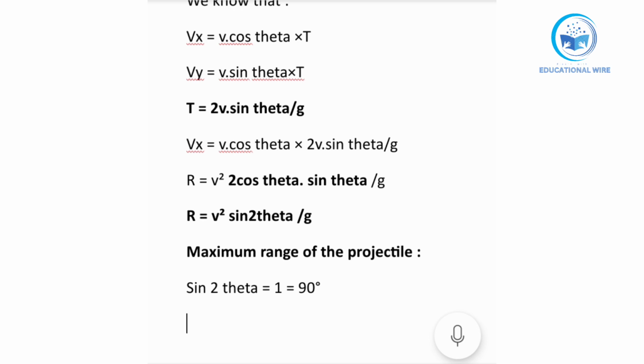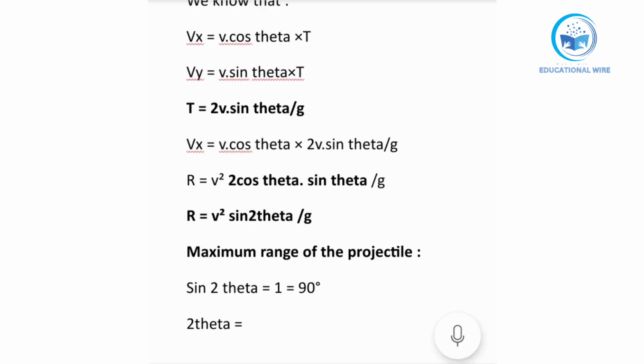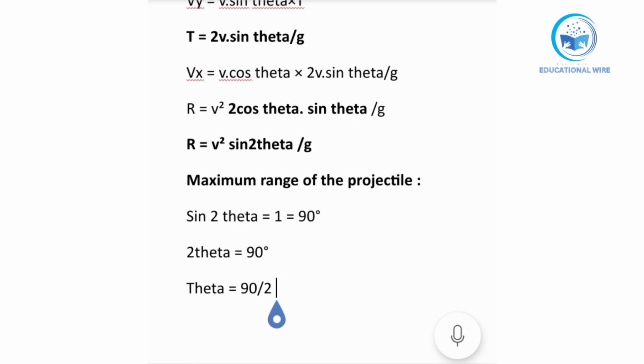Okay, so here we are having sine 2 theta. So what we will do, I will put here 2 theta is equal to 90 degree. Okay, after that, now 2 is multiplying over here, it will go there and divide, so theta is equal to 90 upon 2. So when we divide that, we have received an angle that is equal to 45 degree.